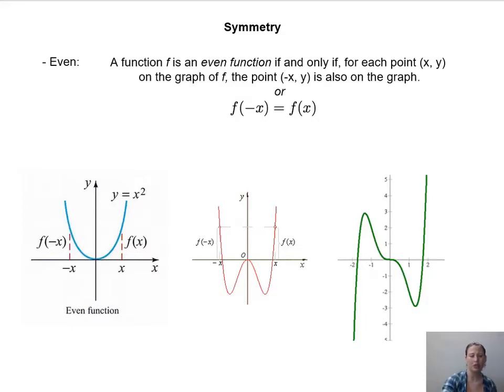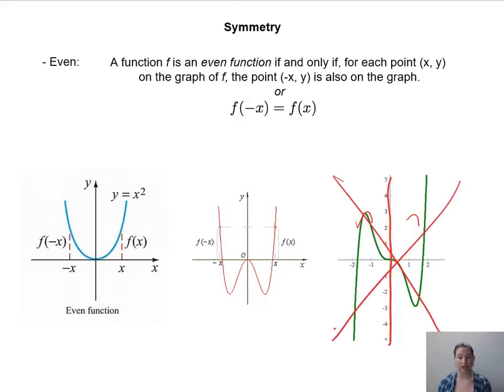If we think about our line here along the y-axis, there's a hump here and not a hump here. So this would not have even symmetry. This is not symmetrical or reflected about the y-axis.